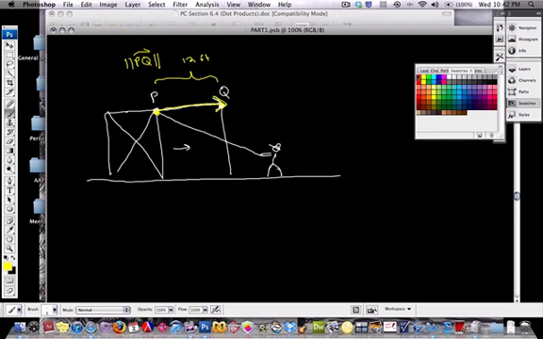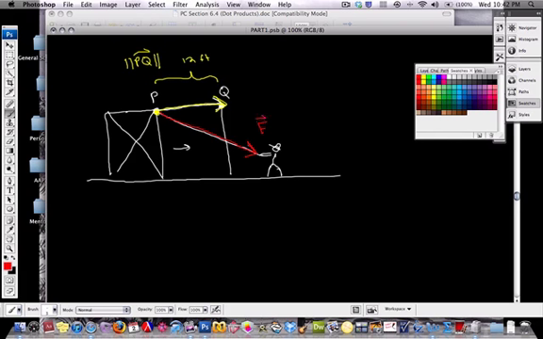Now it says that the farmer is pulling on the door with a rope, and he's pulling on the rope with a force, and the force itself can be represented as a vector because it has a magnitude and a direction, right?